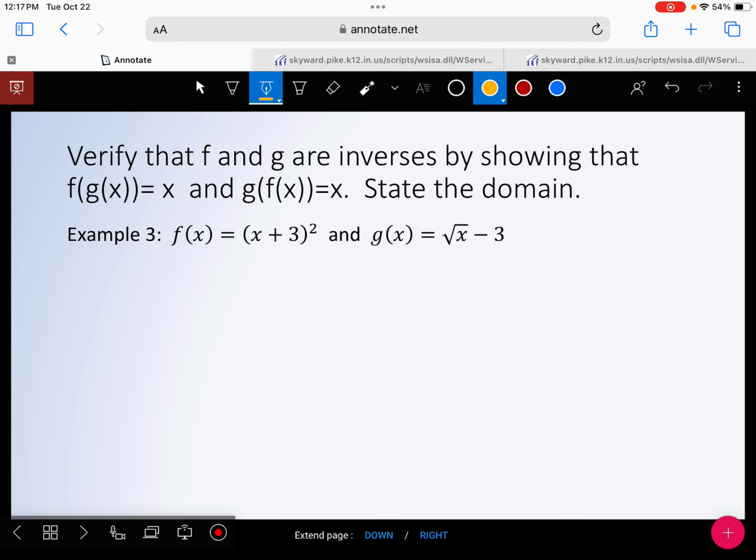All right, go ahead and copy this down. Example 3, we're not stating our domain though. So again, we're going to verify that they're inverses, and one of them has a square root.